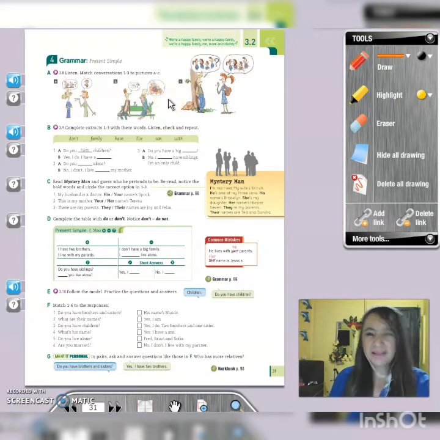Here we have some pictures that you have to identify through a conversation. But as I was telling you in the last class, I have some problems with the audios. For that reason, we are gonna complete exercise B. According to exercise B, what you have to do is complete extracts 1 to 3 with these words. What are the words you have to use?